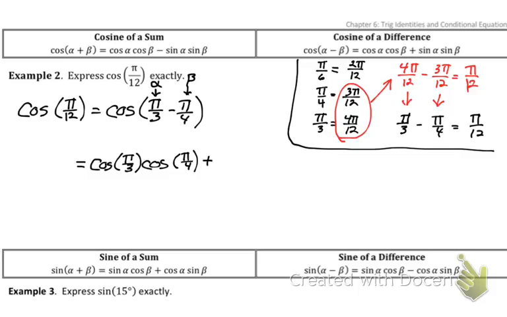Plus sine of our alpha, which is pi over 3, times sine of our beta, which is pi over 4. I can't remember if I said it or I just threw myself off at some point.